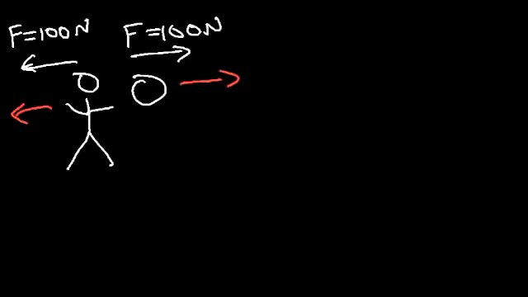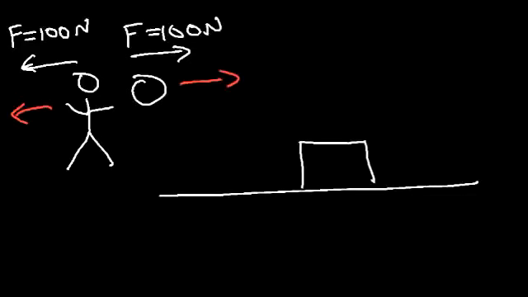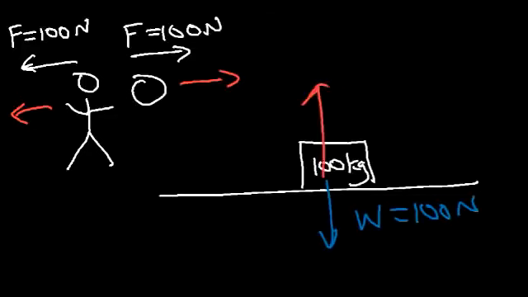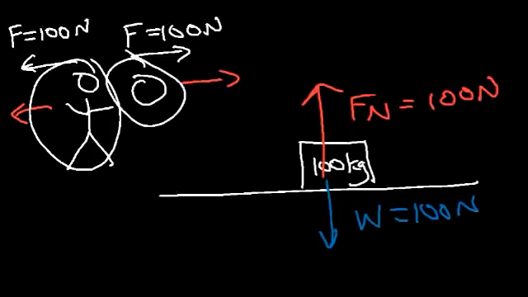Now you have to be careful though, because let's say you have a block on a table, let's say it's 100 kilograms. Even though the weight force is equal to the normal force, these are not true action-reaction pairs, even though they work the same way. The weight and the normal force in this particular example are equal in magnitude and opposite in direction. However, they don't move apart in the same way as these two objects do. And also, these forces are acting on the same object.